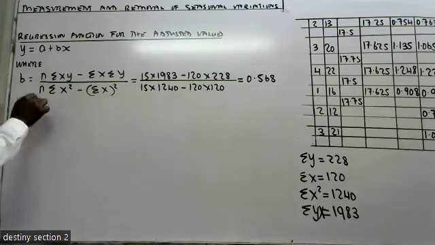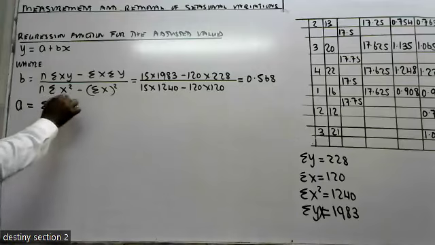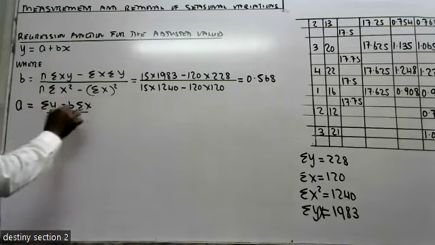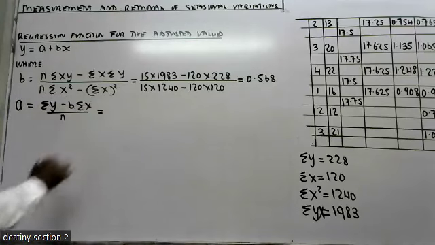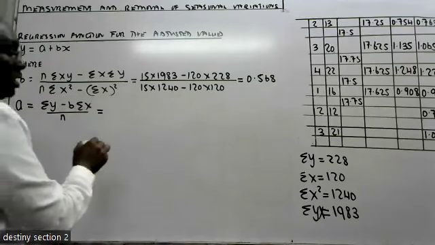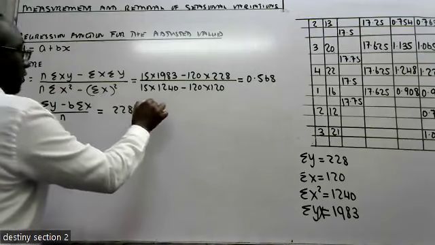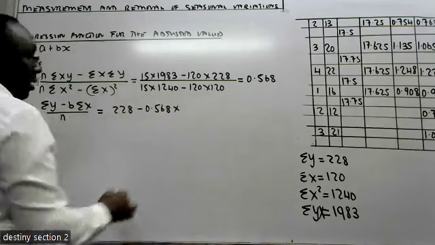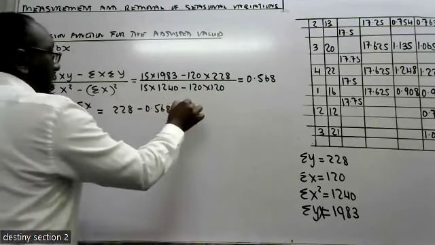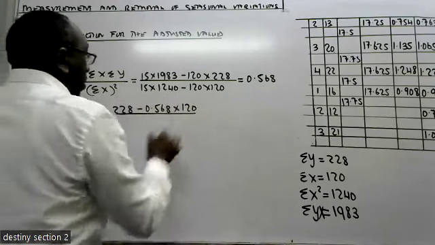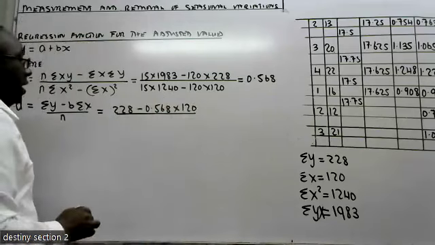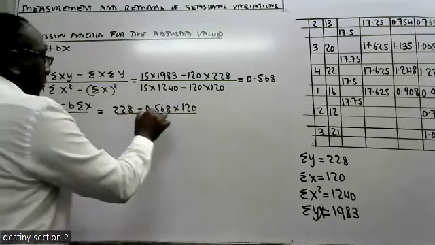A is given as sum of y minus b, sum of x, you divide by n. So this is going to be 228 minus 0.568 multiplied by sum of x, which is 120. You divide by n, which is 15.